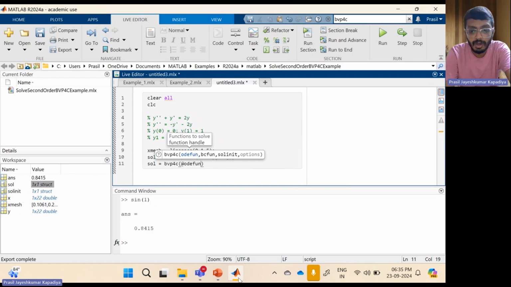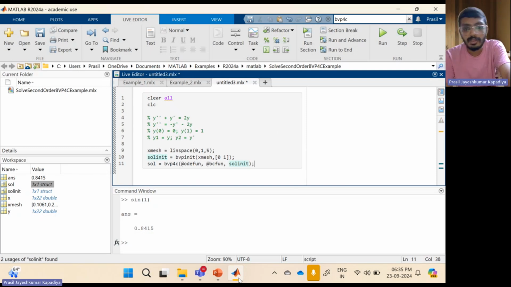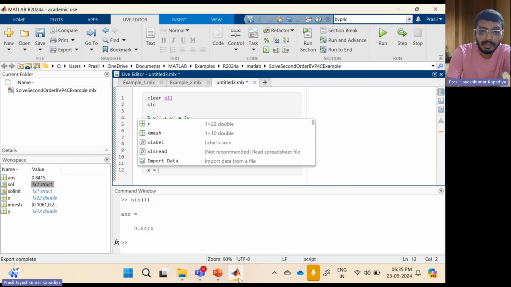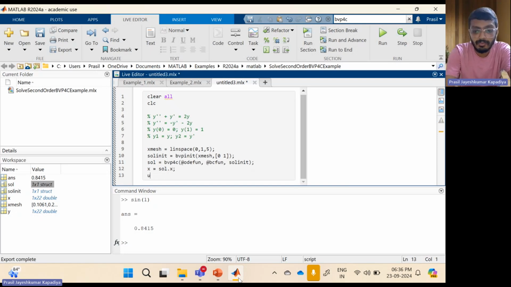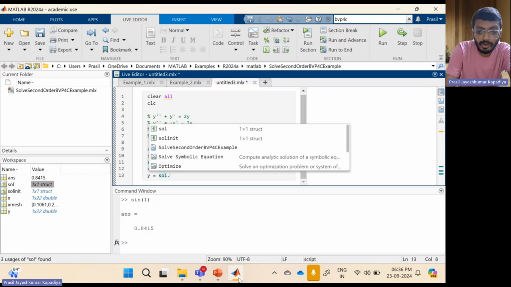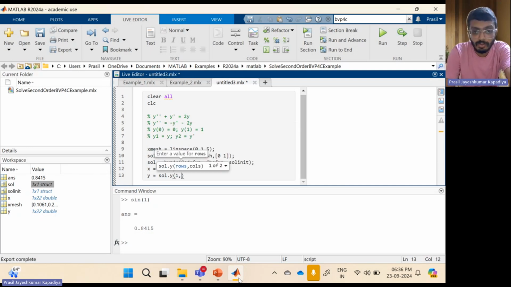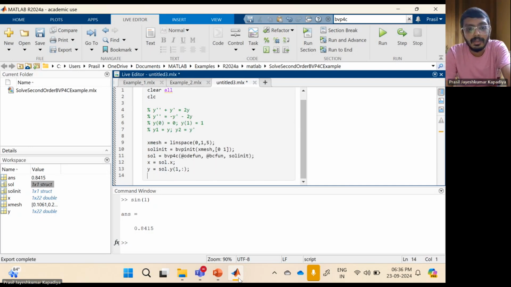using ODE fun. Then my boundary conditions using BC fun and this solinit. Okay. And my x will be sol.x and my y will be sol.y, first row all columns, and I will be plotting it.